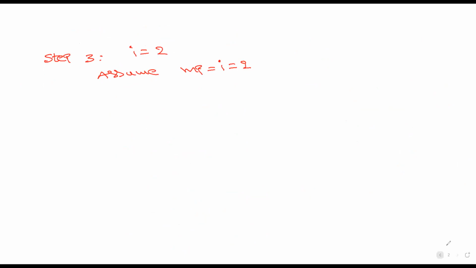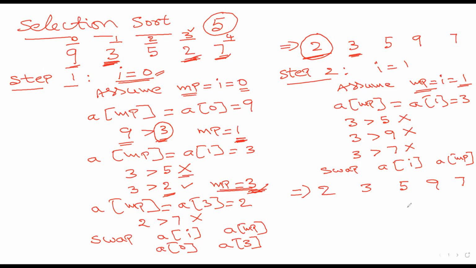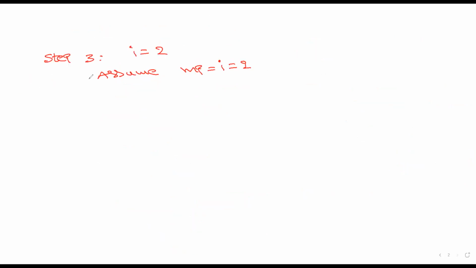What is the output of step 2? 2, 3, 5, 9, 7. Here we'll take that output. What is the minimum position we considered? 2. So that is the 2 position, and the value is 5.